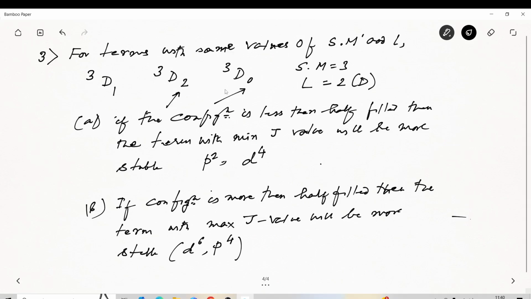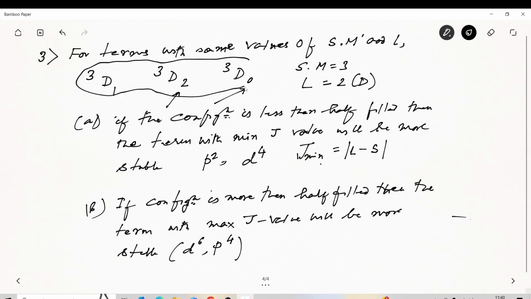Now, this minimum J value I am talking about, how will you calculate it? J min is given by capital L minus capital S, the total orbital angular momentum quantum number minus the total spin angular momentum quantum number.